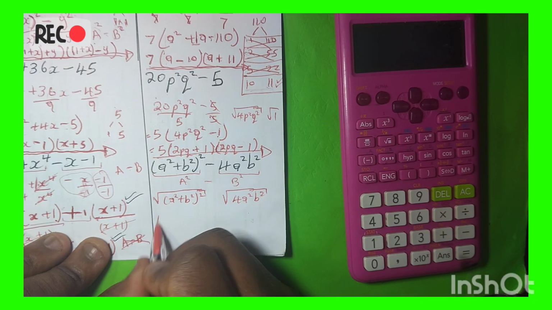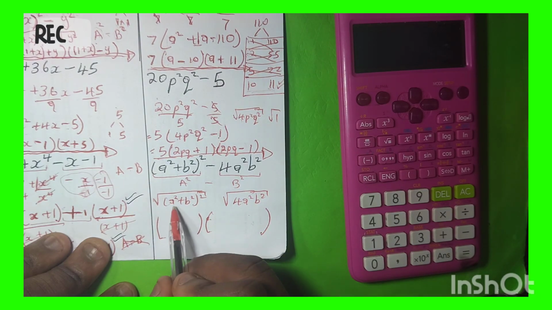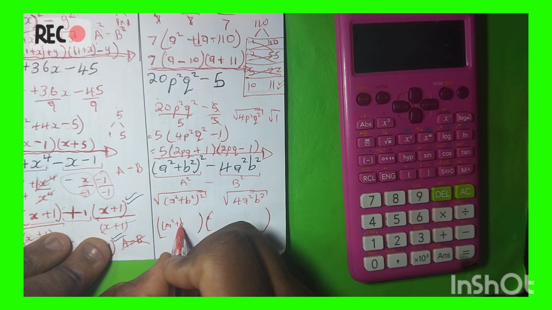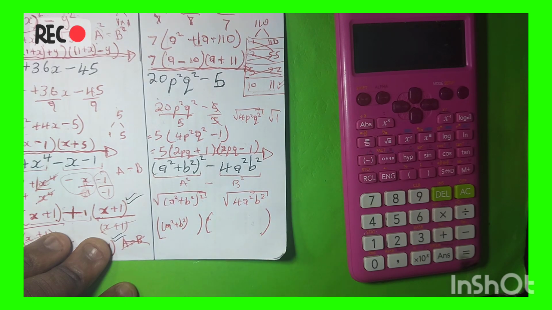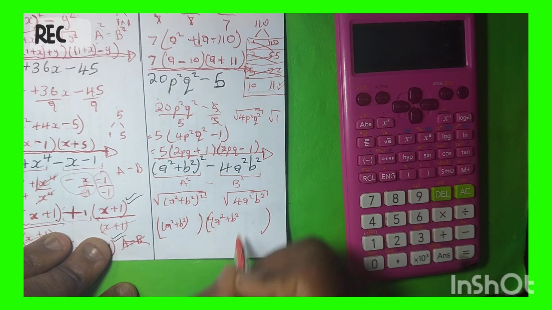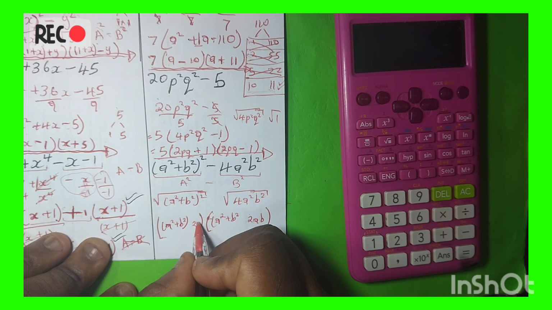So it simply says that it's open, close, open, and close. When you take the square root of this, you will have that exponent there. It will be a² plus b², even here it will be a² plus b². Then when you take the square root of this, it will be 2ab, and here it's 2ab.